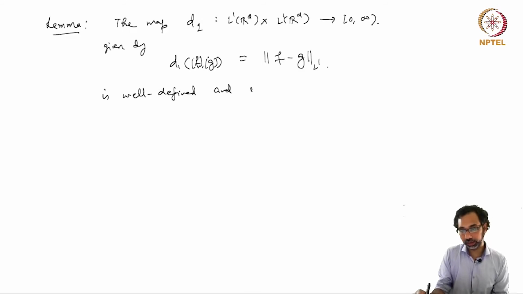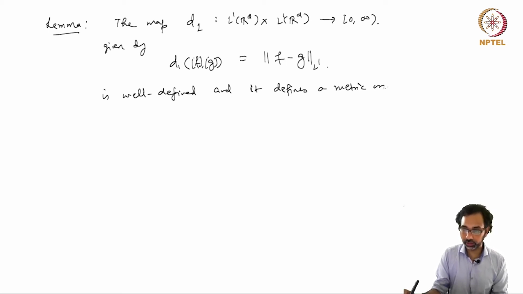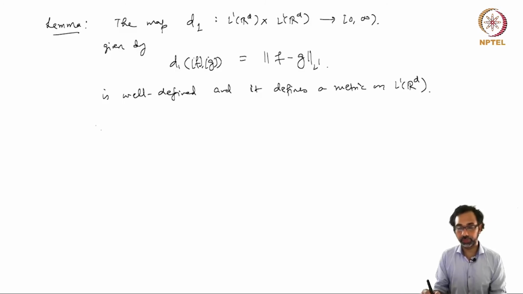and it defines a metric on L1 R^d. By the properties of the metric, we just have to check positivity, reflexivity and the triangle inequality.